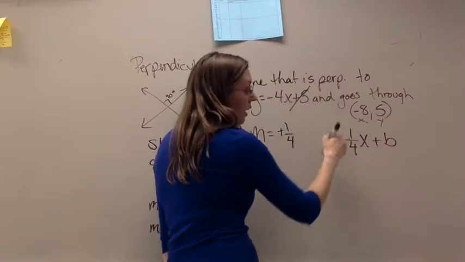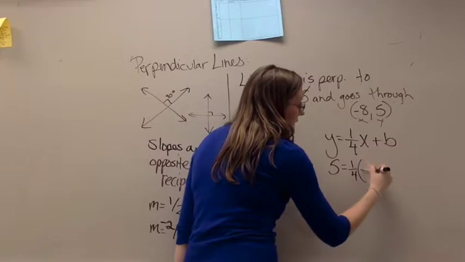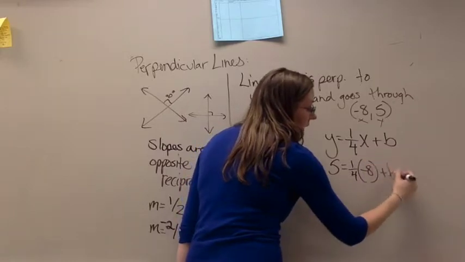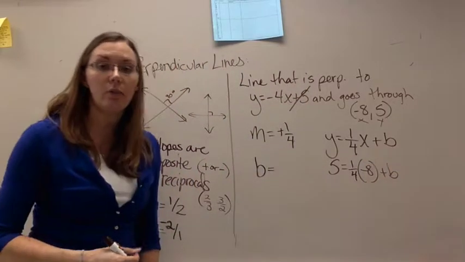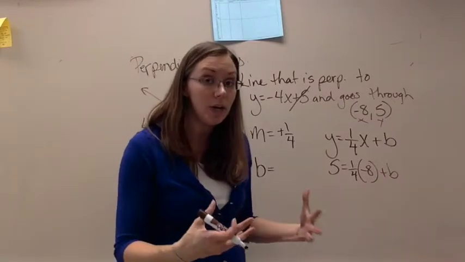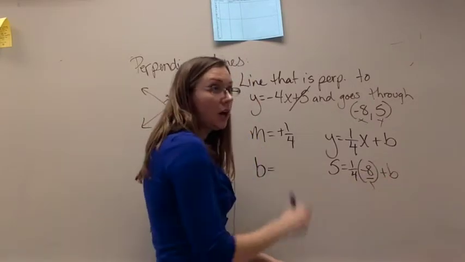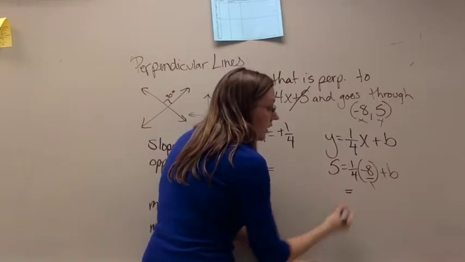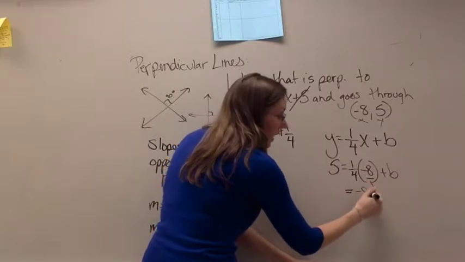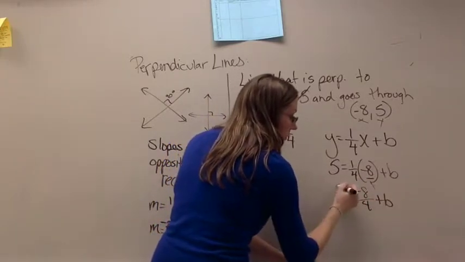I'm going to plug in my y, which is 5, equals 1/4 times negative 8 plus b. Again, we're handling fractions, but you're lucky this one's going to turn out nice. You should know multiplying. I put my 8 over 1. I go across the top and across the bottom. So, 1 times negative 8 is negative 8. 4 times 1 is 4. Plus b equals 5.